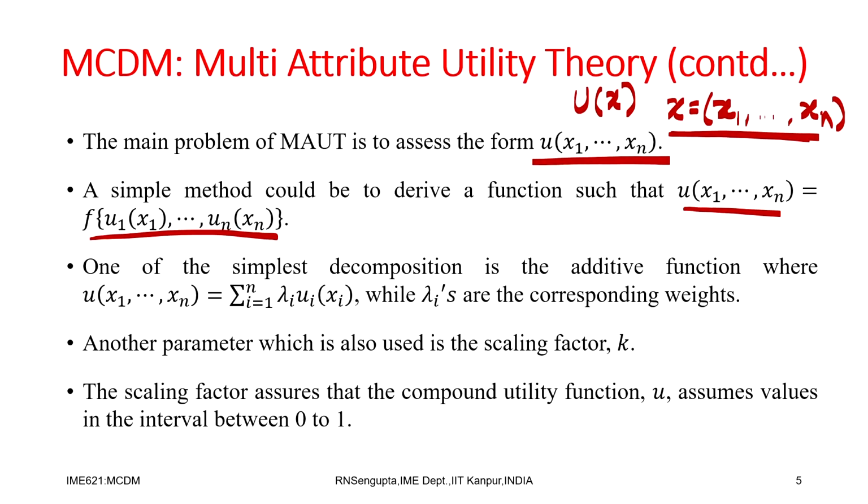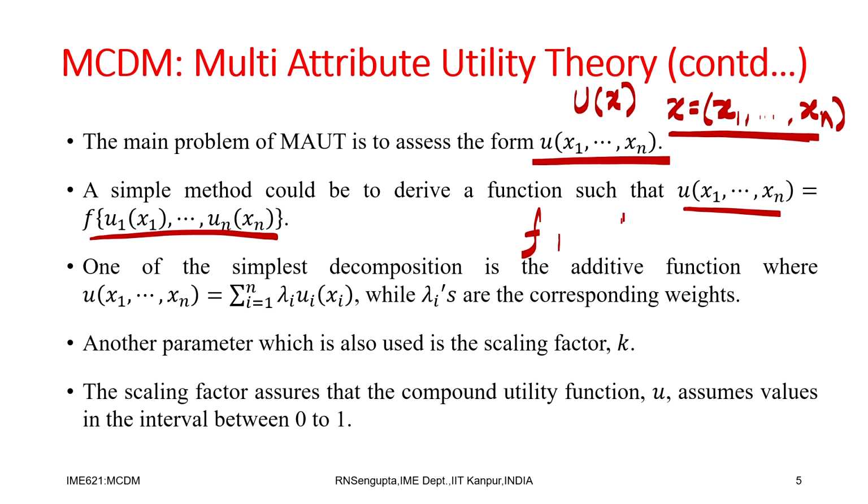One of the simplest ways of decomposition is the additive function. You have different utility functions, you add them up, like if you remember the case where we considered the objective function for the multivariate case, the multi-objective optimization case. There were two options.